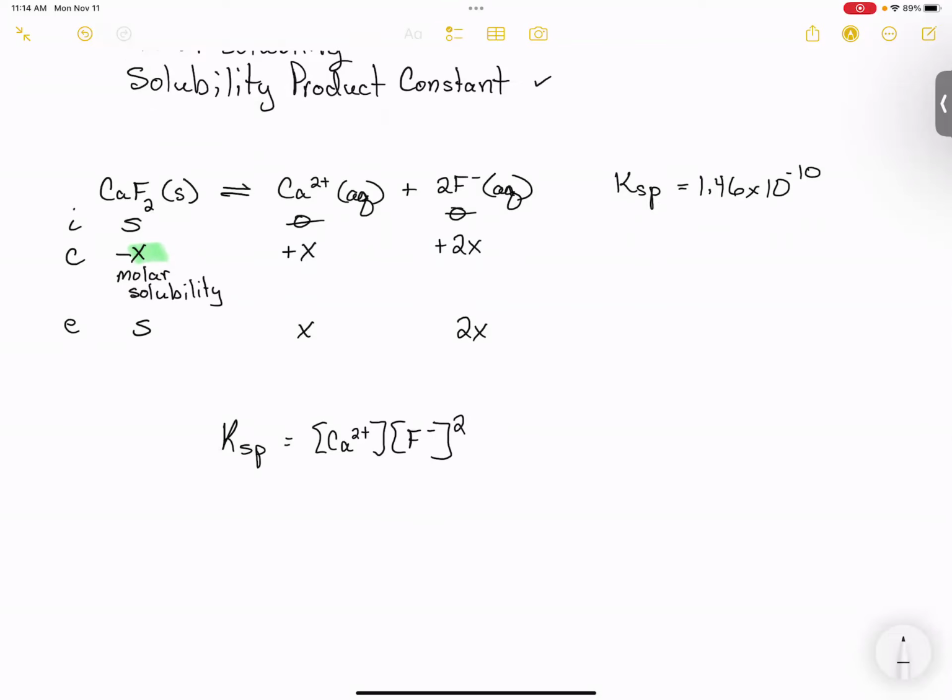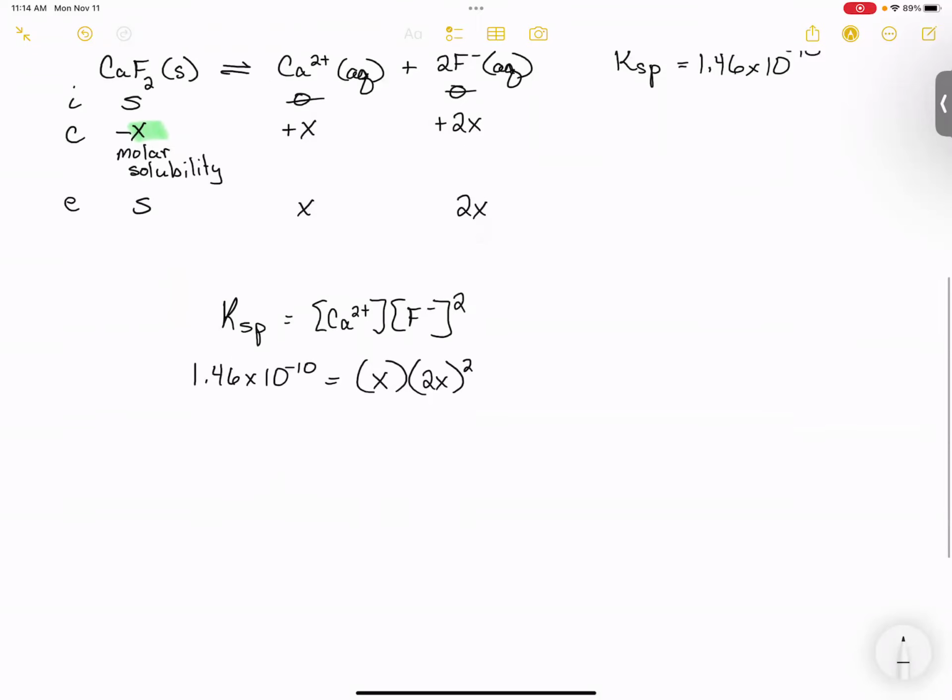Now, we're going to plug in the information we know. We know the KSP is 1.46 times 10 to the minus 10. That's going to equal the calcium concentration at equilibrium, which is X, and the fluoride concentration at equilibrium, which is 2x squared. So 1.46 times 10 to the minus 10 is equal to X times 4x squared.